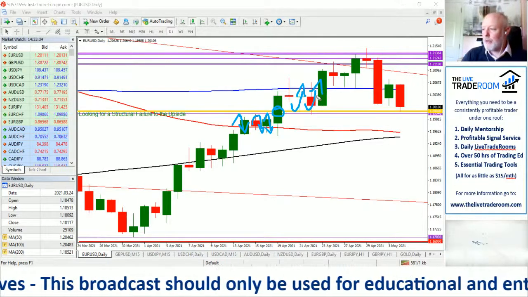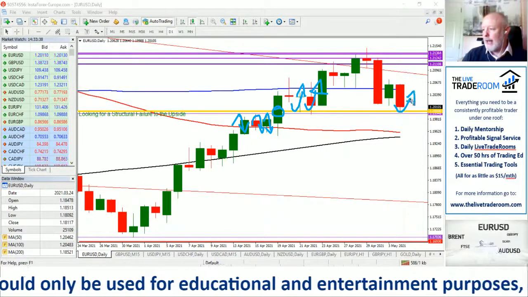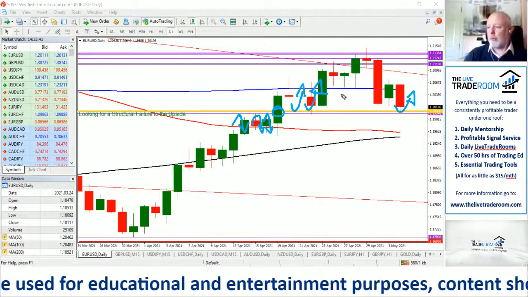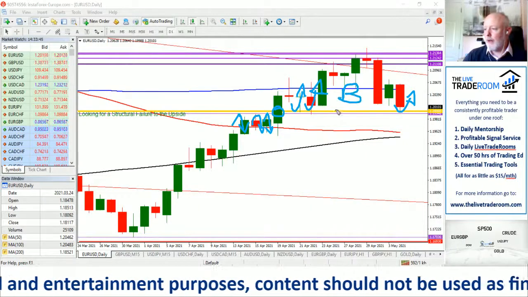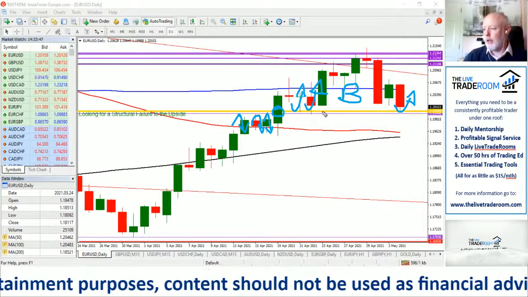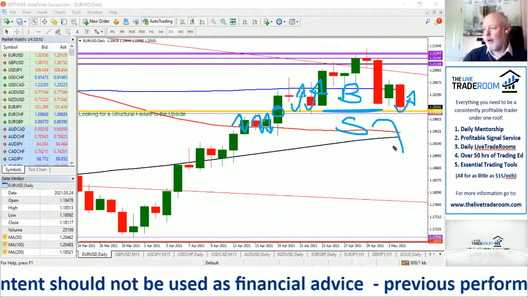What this tells us as traders, and it's happening again today, is we need to be looking for buying opportunities above the level, and there's the 120. And we want to look for selling opportunities below that level.